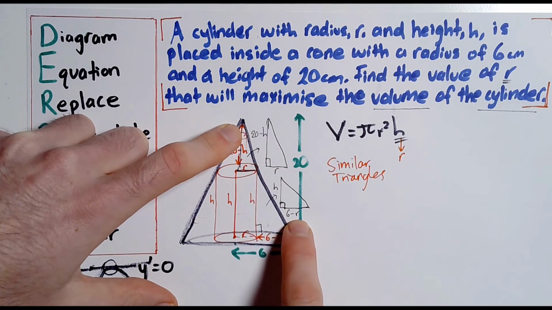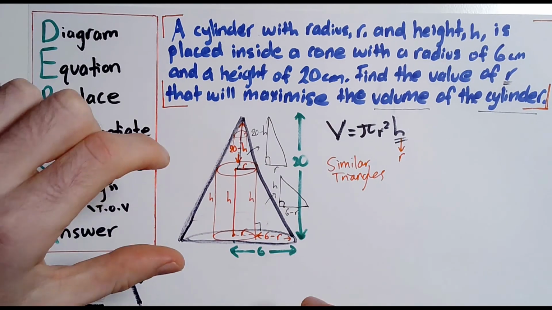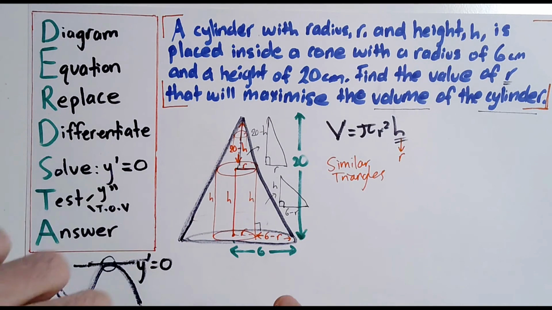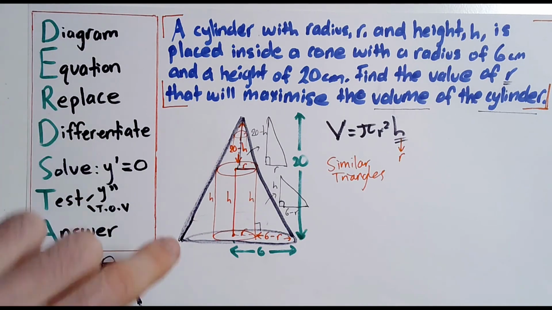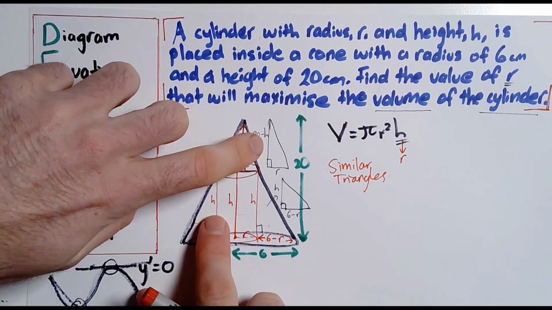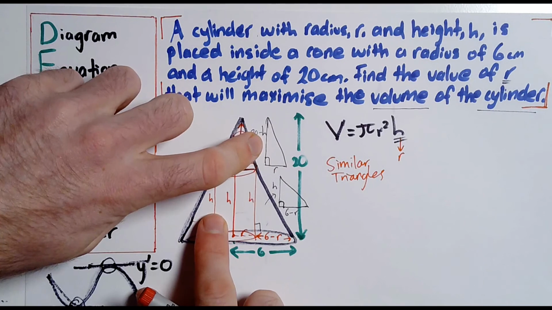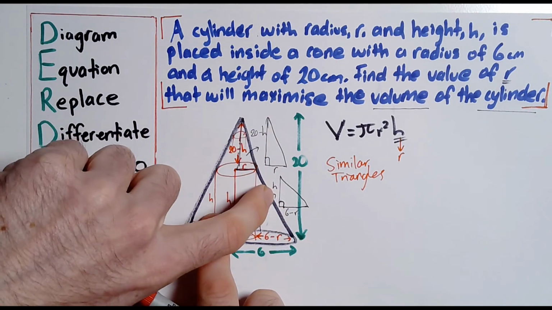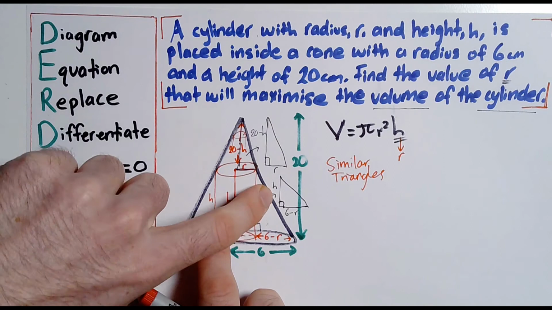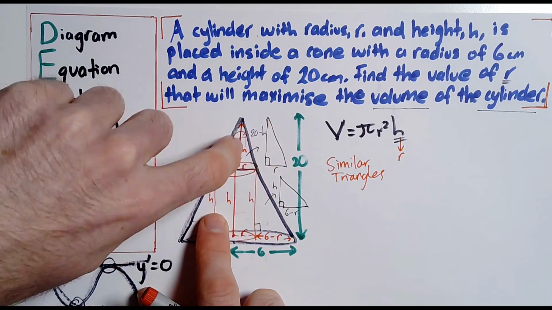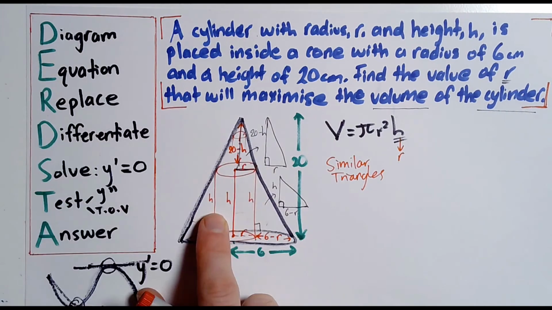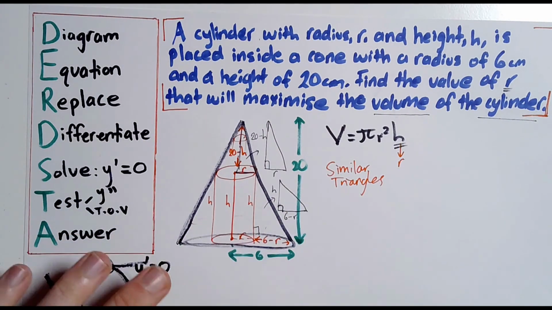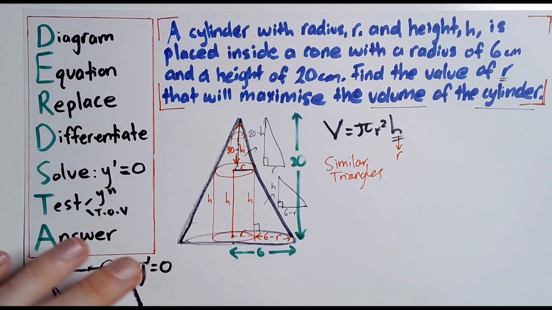So let's say you have two triangles which are similar, but one triangle is double the size of the other. It just means that if you were to look at one side of the smaller triangle, you would need to double that side to get to the equivalent of the other triangle. And then you would double all of the other sides of that smaller triangle to get to the bigger triangle. So there's a consistent number that you would multiply the smaller sides by to get to the bigger sides.